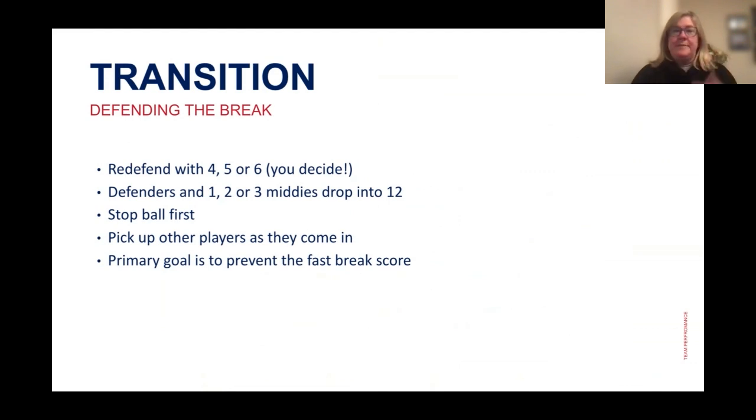If maybe the other team has tended to fast break you when they transition, maybe you send a few more people back to the top of the 12 right away and you don't worry about midfield transition defense. So you kind of have to figure that out.